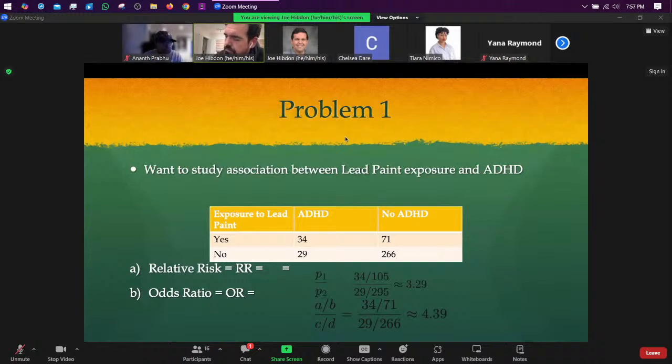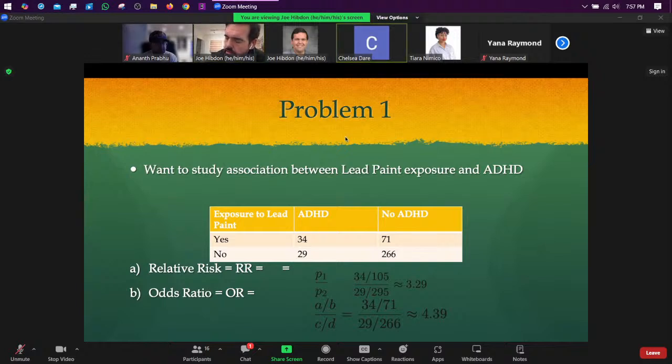Okay. So 29 over 295. I did these calculations and we get approximately 3.29. So what does that mean for the relative risk of exposure? This is where we struggle a little bit.